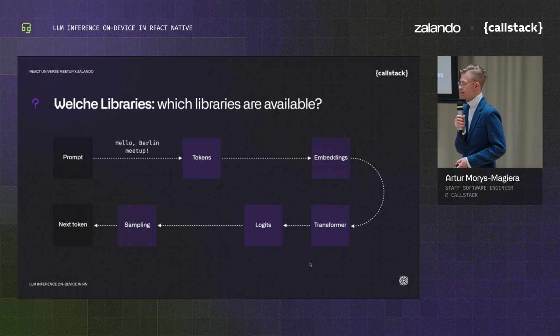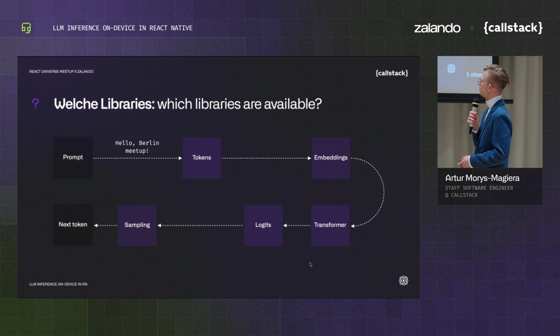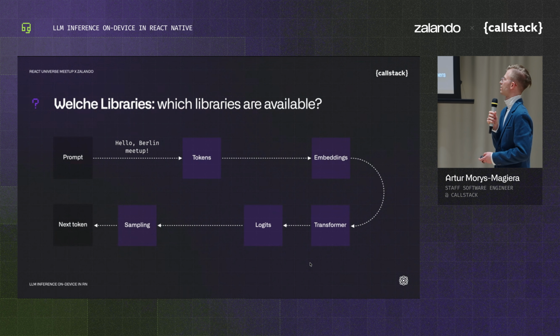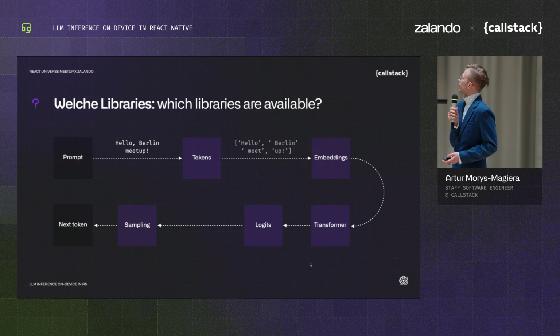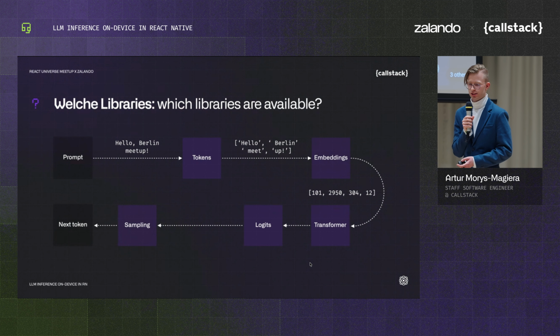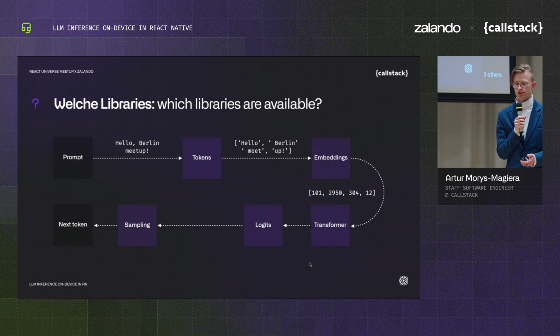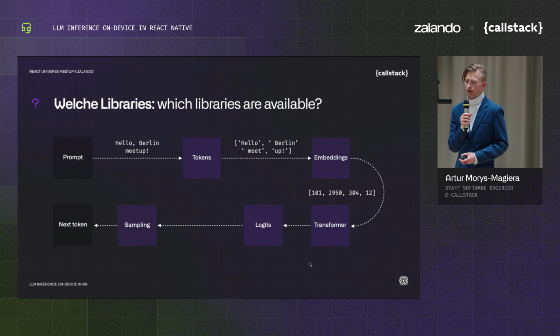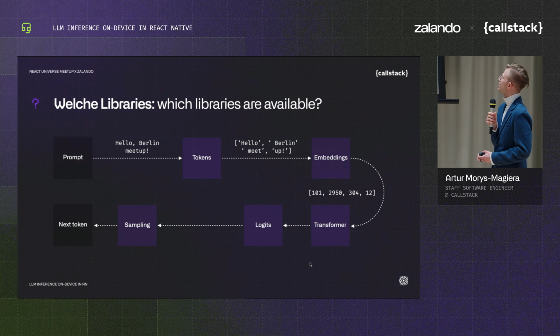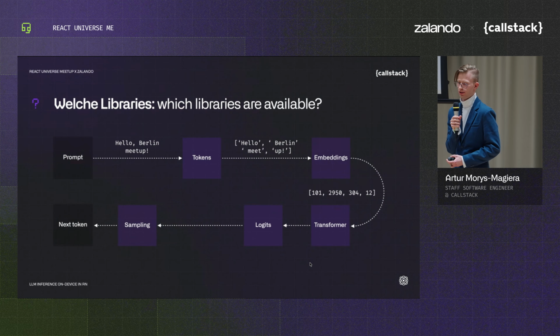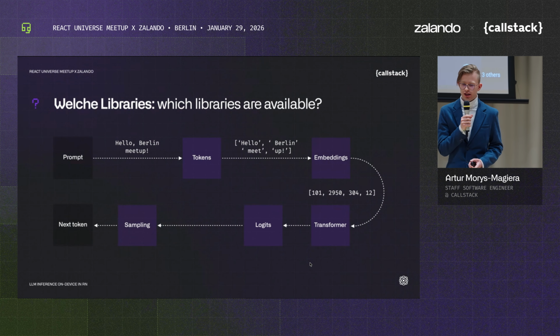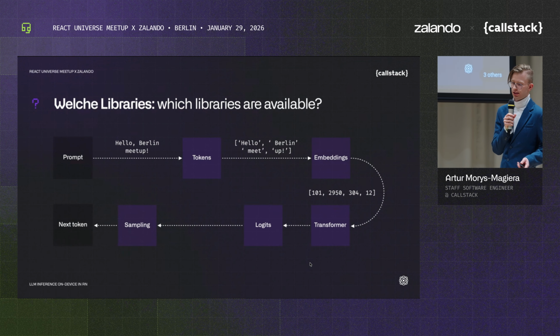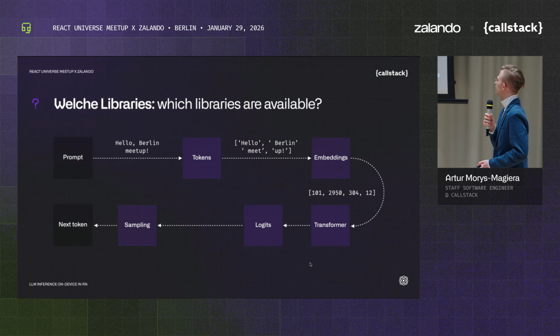And it turns out that it's not enough for LLMs, because typically we have a prompt, which is just a string, for instance, hello Berlin meetup. Then we need to tokenize it. So this is performed by a piece of code that is called the tokenizer. So here we split the prompt into smaller chunks, and these chunks may not necessarily be full words. So it's up to the tokenizer to do it. The tokenizer is deterministic. And then we generate embeddings.